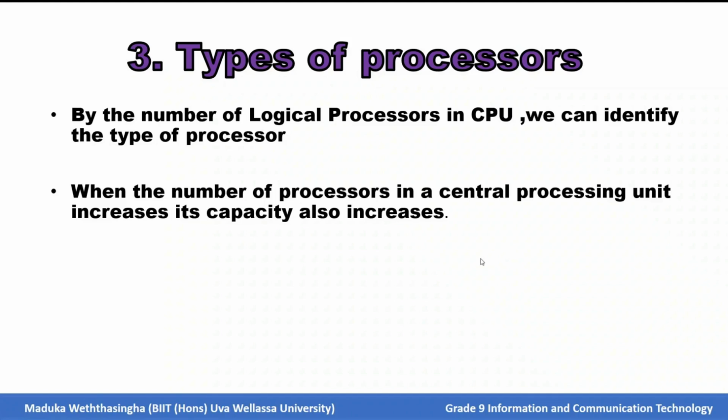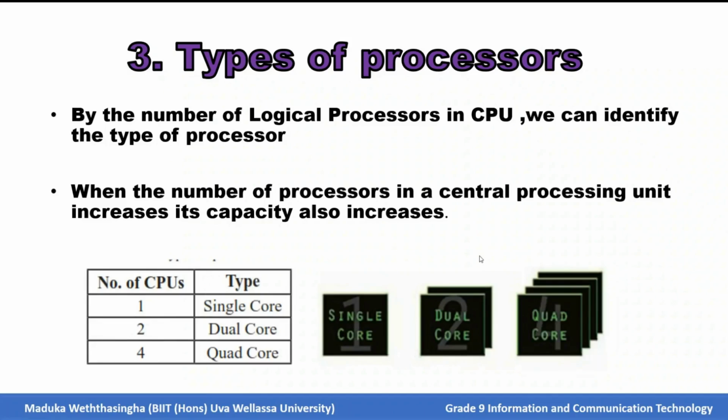When the number of processors in a central processing unit increases, its capacity also increases. Right? Mainly there are three types: single core, dual core and quad core.